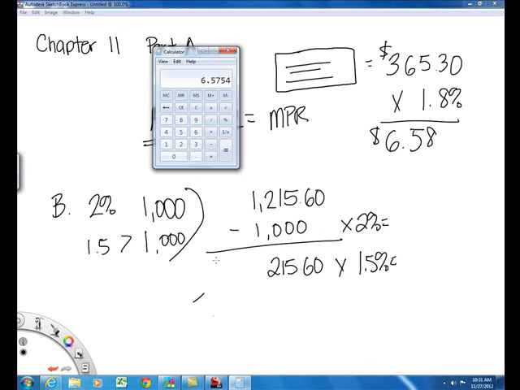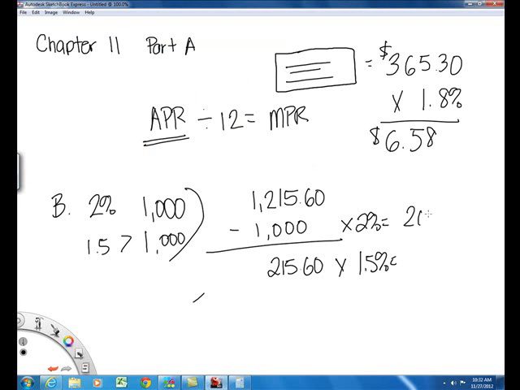So our first 1,000 is going to cost us 1,000 times 0.02, or $20.